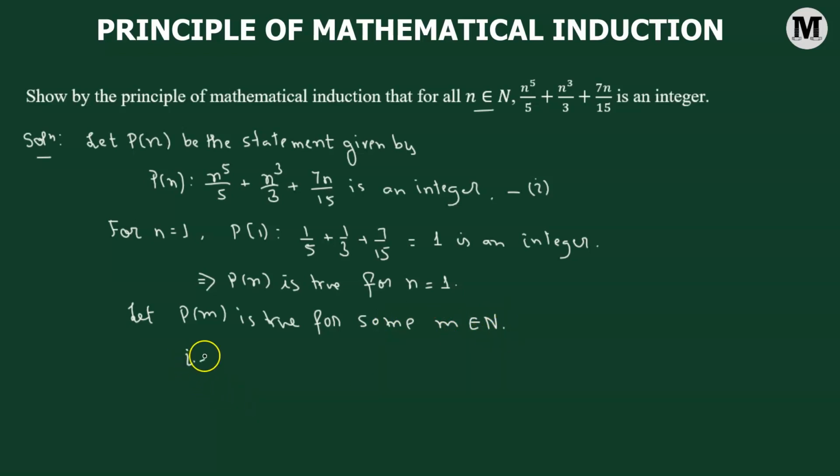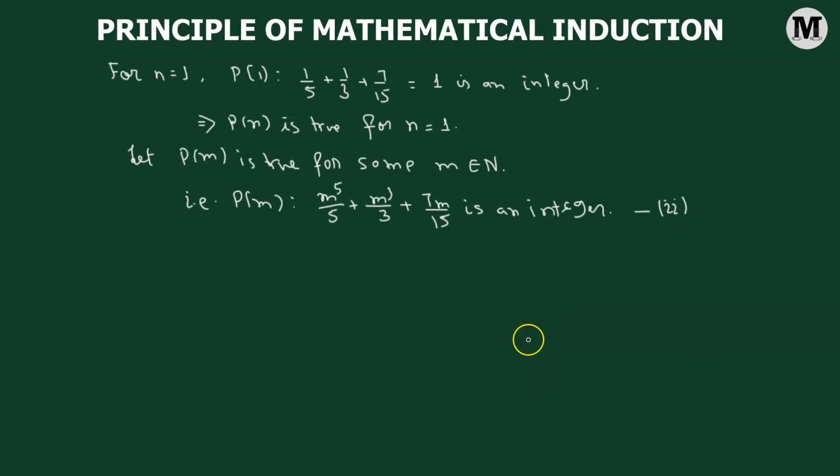In essence, what we are saying is that the statement P(m), m raised to the power of 5 divided by 5, added to m cubed divided by 3, added to 7 times m over 15, is an integer. So we're considering some natural number m and rewriting the original statement P(n) in terms of m. Let's label this number 2, and we are considering that this statement is true.